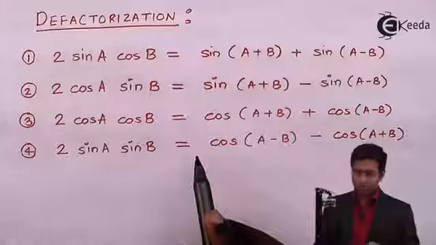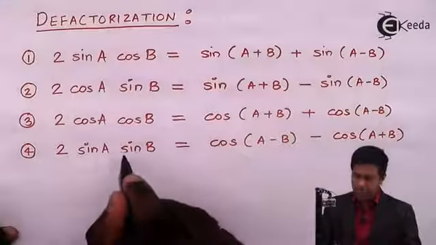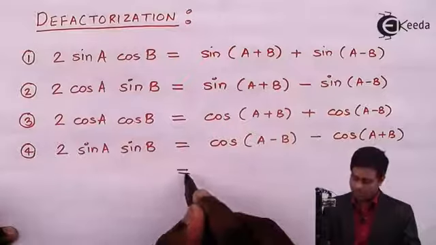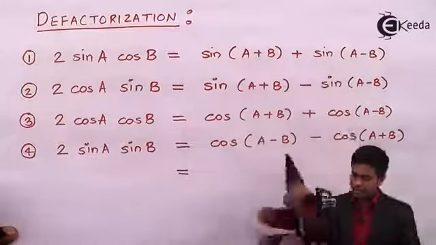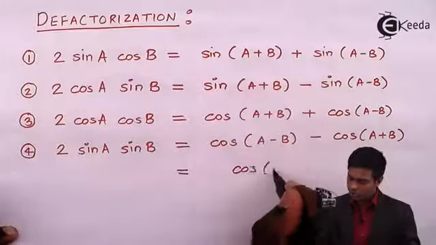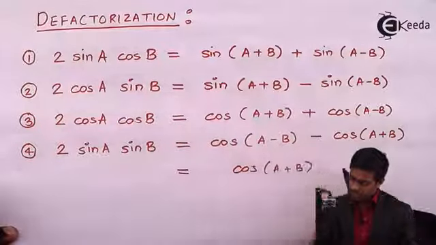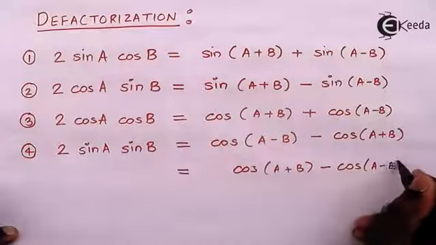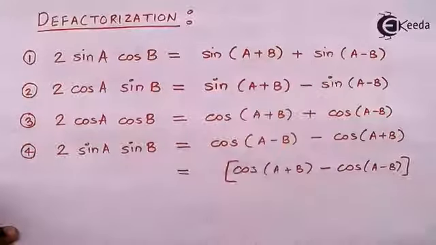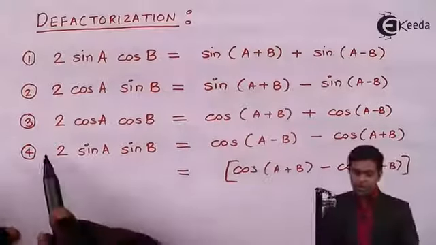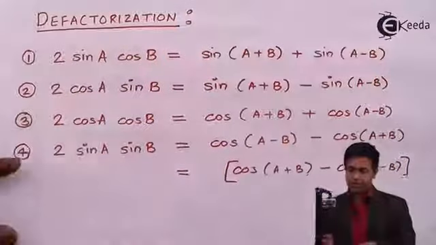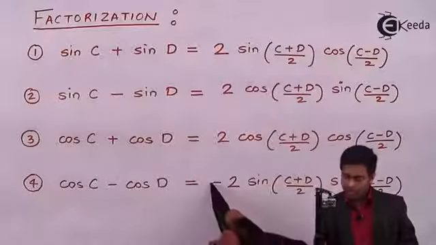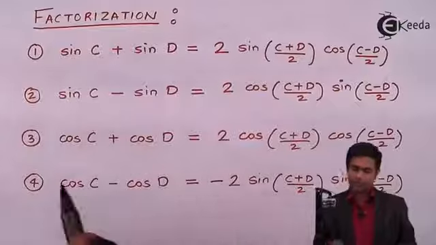Here I will show you. Let's say we have 2 sin a sin b. By this pattern we should get cos of a plus b minus cos of a minus b. But here this negative sign is shifted. As I am telling you, we have a negative sign with 2, we have shifted it to the other side.